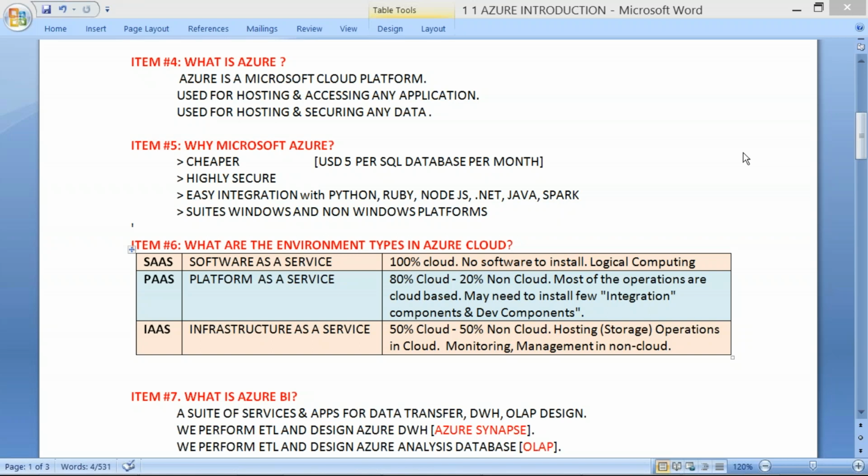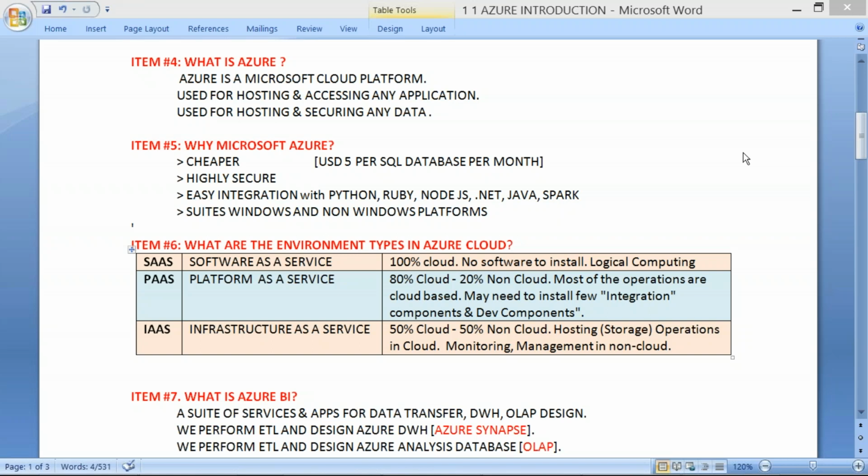It's not required because everything would be completely in cloud. Everything would be completely cloud based. Yes, our implementation of ADF in our course, Azure Data Factory, that is completely SaaS. I mean, no installations required, and we can configure and perform ETL activities.